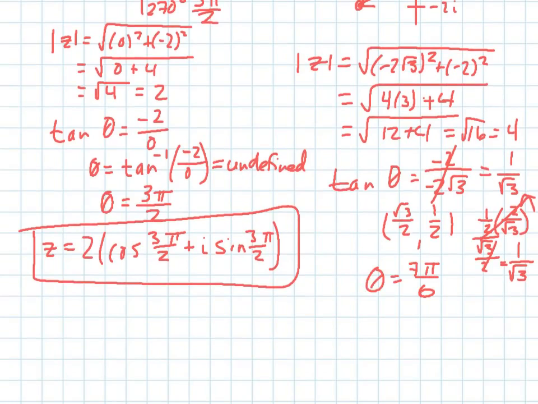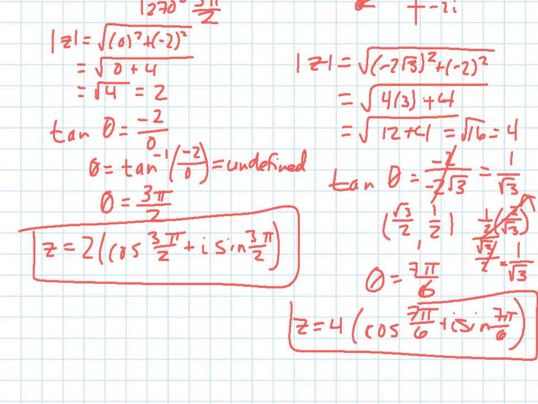Now I just need to plug in my radius r, or 4, and my theta. So 4 times cosine of 7 pi over 6 plus i sine of 7 pi over 6. And that would be my polar form of negative 2 square root of 3 minus 2i. Okay? Have fun.